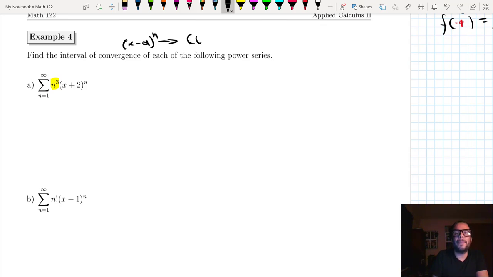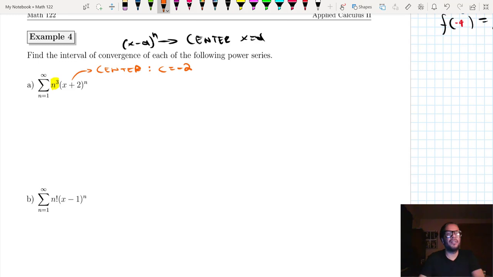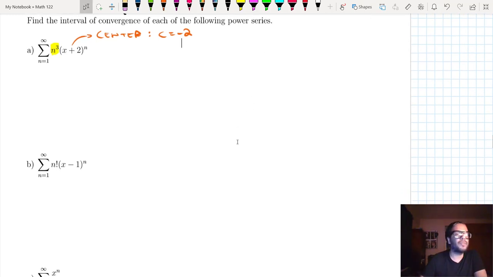This is centered at x equals a. In this case, we have x plus 2. That means it is centered at c equals -2. That is where it's centered. We'll make more sense out of that when we find this interval of convergence.